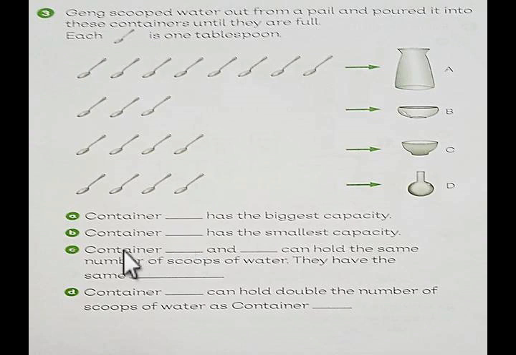Letter C. Containers blank and blank can hold the same number of scoops of water. Which of these containers has the same number of scoops of water? A, B, C, or D?